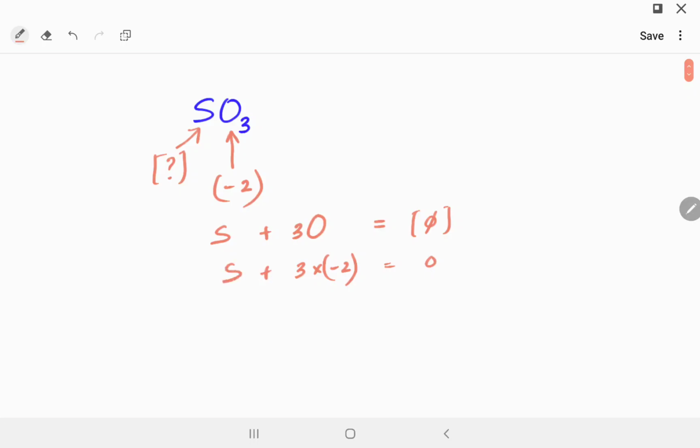So 3 times -2 is -6. You take it to the other side, so it becomes +6. So the sulfur oxidation number is +6. All right, let's do one more example.